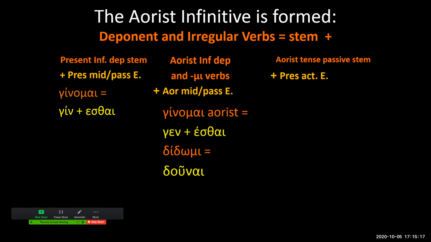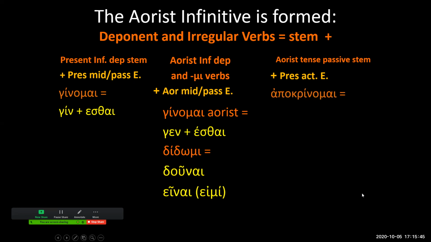And it's best simply to memorize the forms of the most common mi verbs because they simply are irregular and you'll get them down. You all have good minds. Einai is the present infinitive of eimi because eimi does not have an aorist tense.